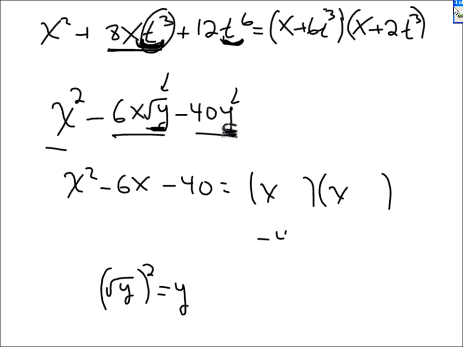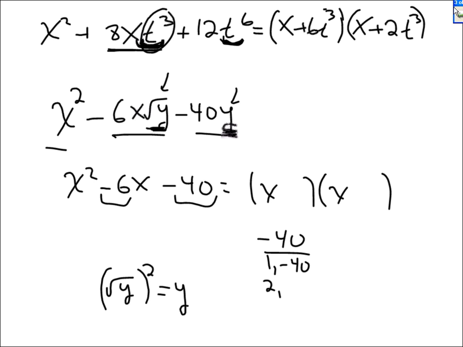The product should be negative 40, so the numbers will have different signs. And when I add them I should get negative 6, so the larger number is negative.